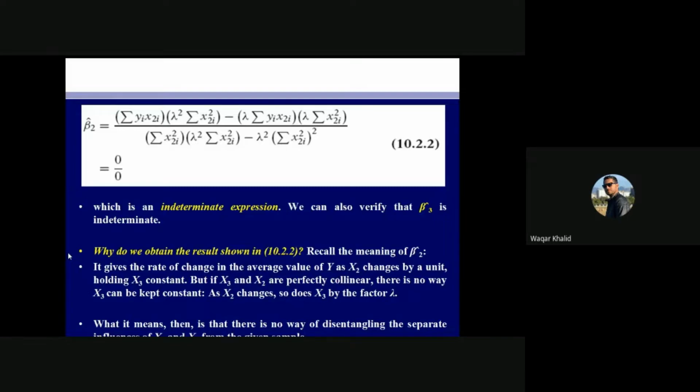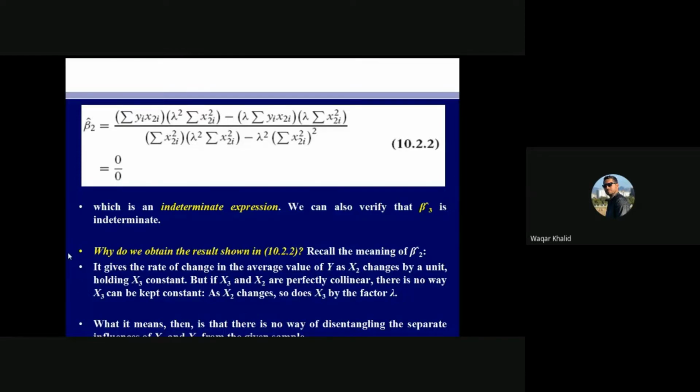But if you have the case of perfect multicollinearity, the case which we are discussing, there is no way x3 can be kept constant, because when we interpret beta 2, we are saying that x3 is constant, and if we change x2 by a single unit, on average this much change will occur in our dependent variable.